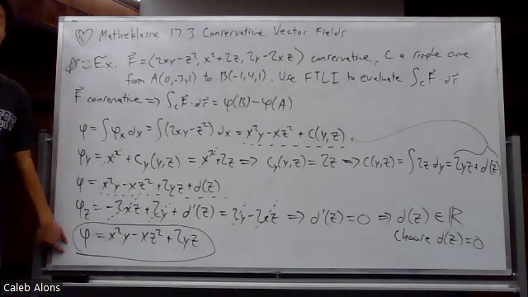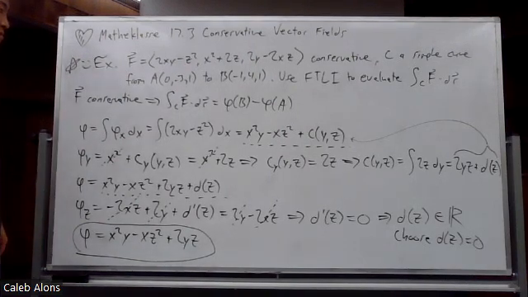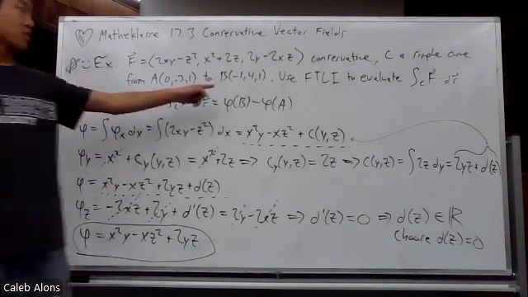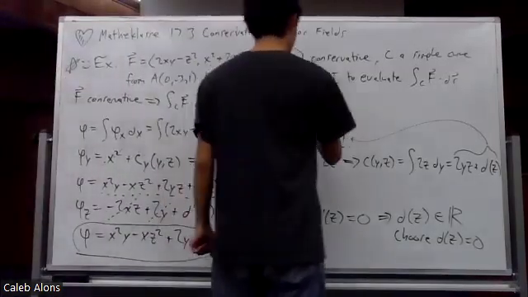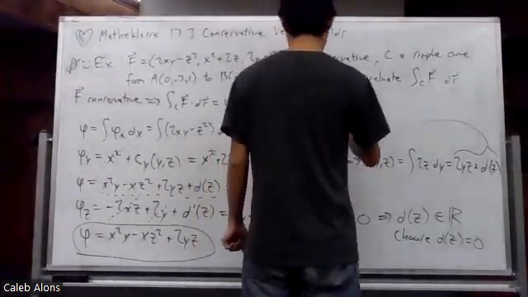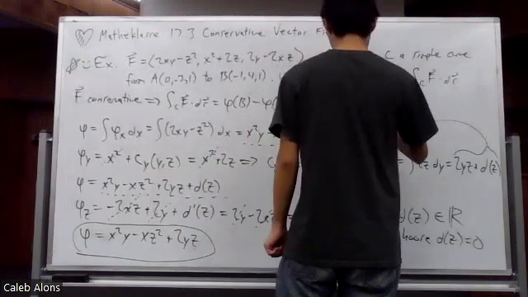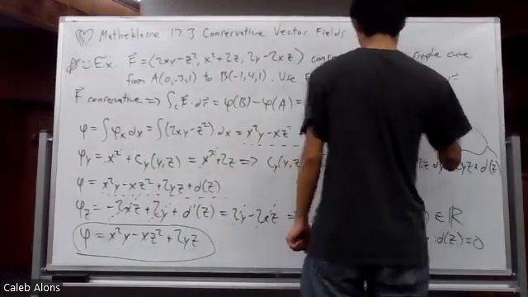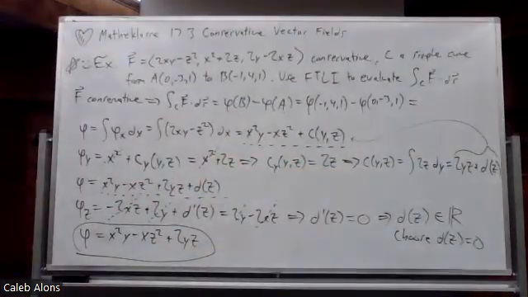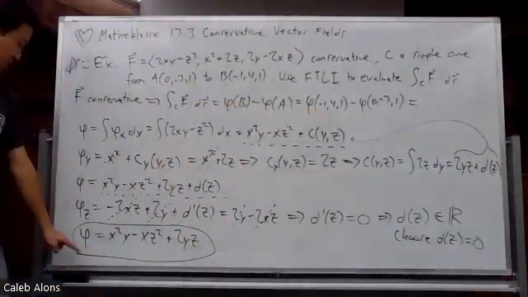And so since we have this phi, do we have numbers for b? Do we have numbers for a? Yeah. Okay. So phi of b, with b being (-1, 4, 1), minus phi of a, with a being (0, -3, 1). You're plugging these into here.